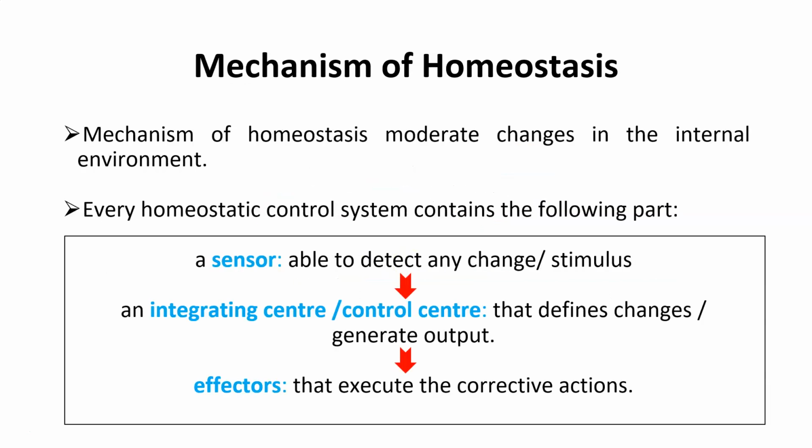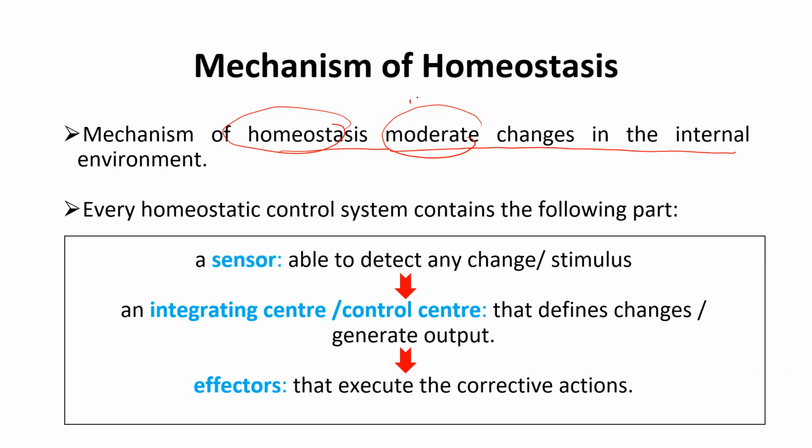Okay. And then mechanism of homeostasis. Mechanism of homeostasis moderates changes in the internal environment. Mechanism of homeostasis moderate means that through homeostasis mechanism, it regulates changes in the internal environment. So if the internal environment changes, either the physical factor change, either the chemical factors change.